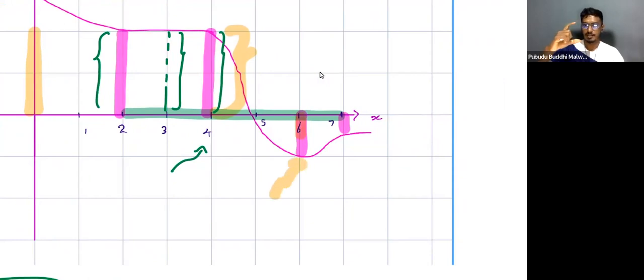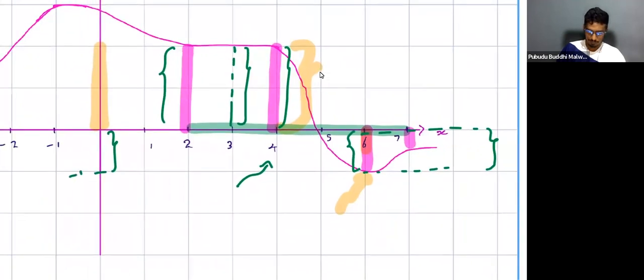At that height is the minimum. Basically, this height or this height equals this height, that is -1. So the minimum value equals -1.